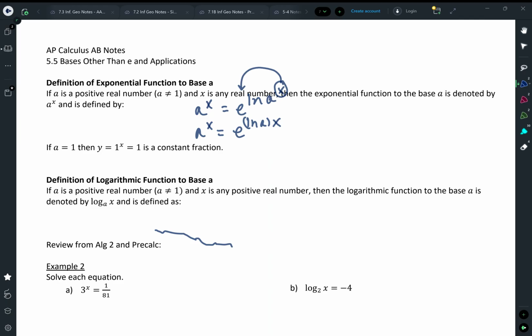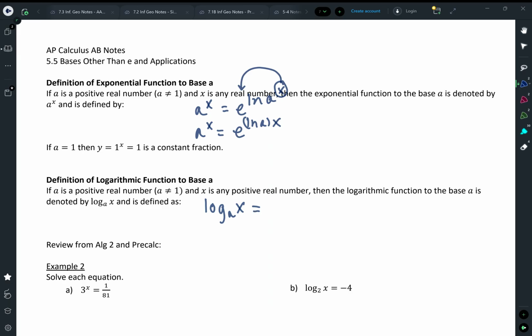So next we're going to look at what happens when we have a log with some other base and we're trying to change that to a natural log. So if I have log base a of x, we're trying to make it into a natural log because we know how natural logs work.